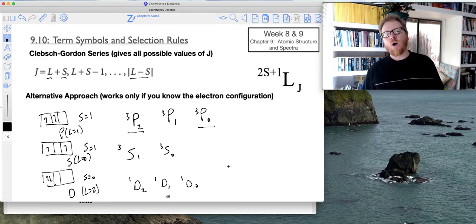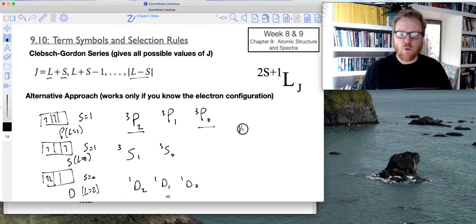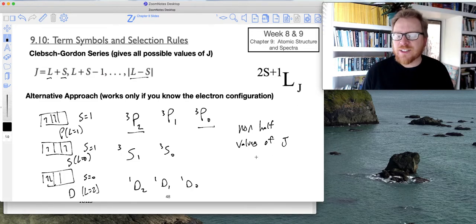Okay? And so once again, we typically, for the non-half values of J, that value is less important.